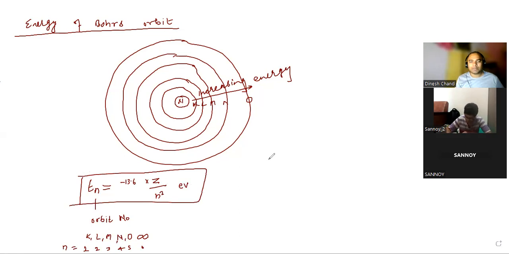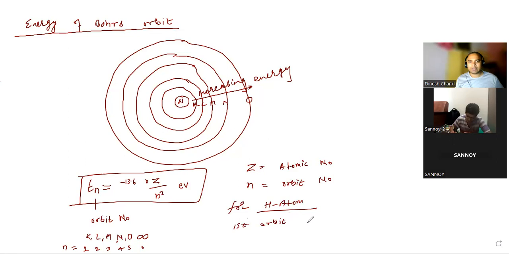Here Z is the atomic number, and n is the orbit number. If I go for the H atom and consider the first orbit, we put E1.